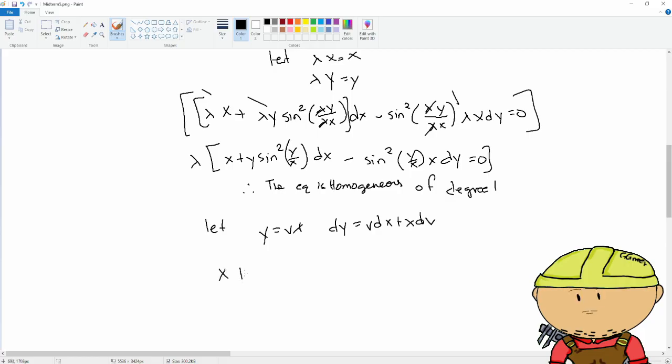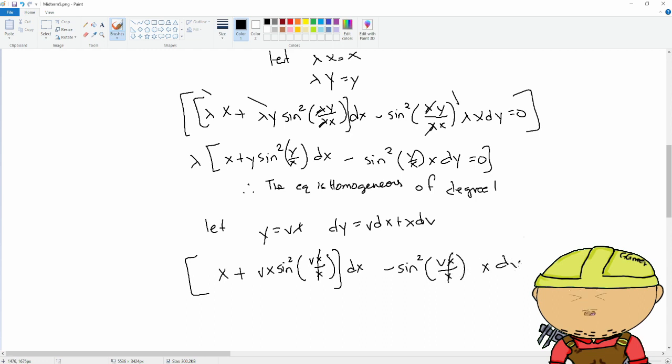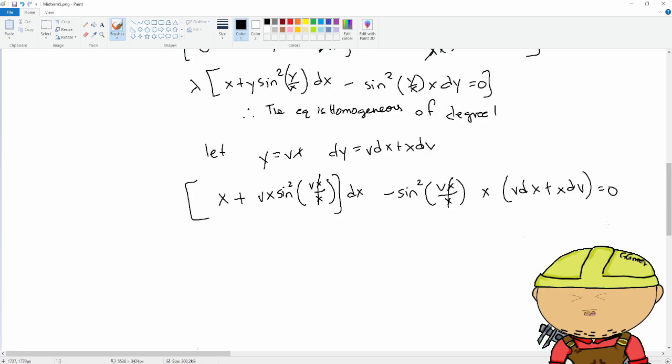So x plus y, which is vx, sine square of vx over x, cancel x, right? dx minus sine square v dx, cancel x, right? x dy equal to 0. dy is now v dx plus x dv. Once we substitute y equals vx, our equation is now separable.